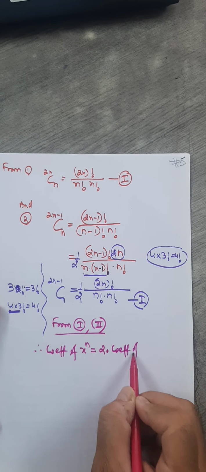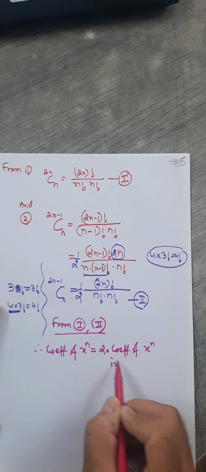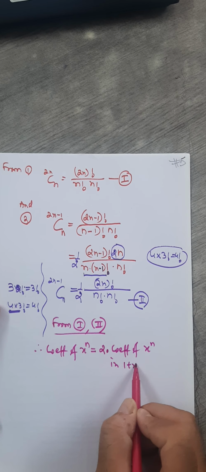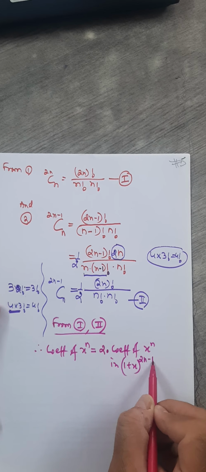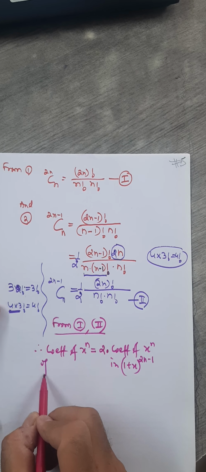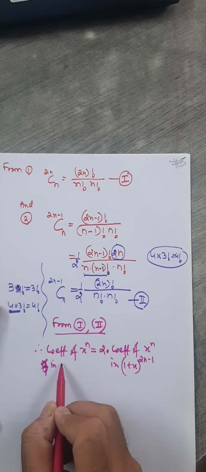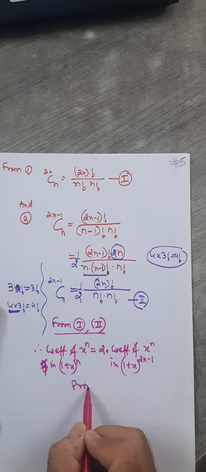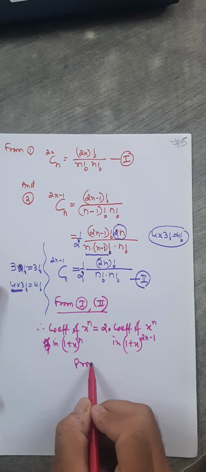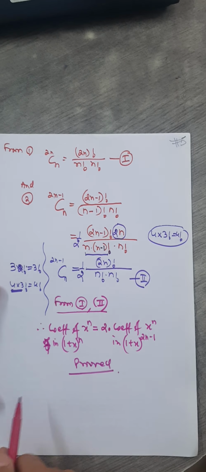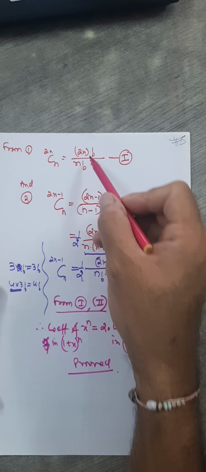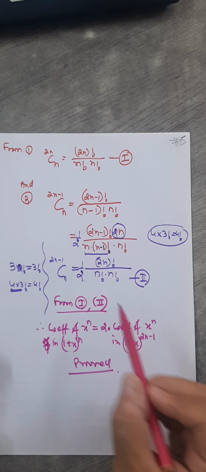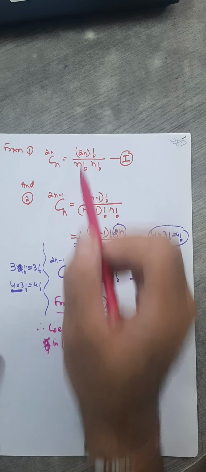The coefficient of x raised to n in this expansion, which expansion? (1 plus x) the whole raised to 2n, is twice the coefficient of x raised to n in (1 plus x) the whole raised to 2n minus 1. It's proved. Right? You multiply this by 2, you will get exactly this.